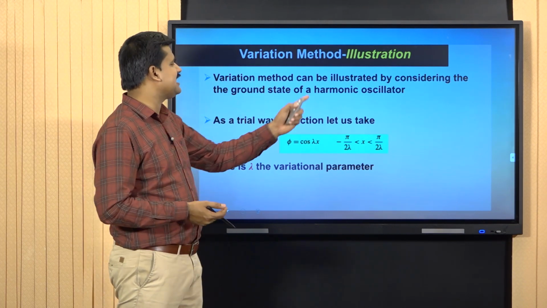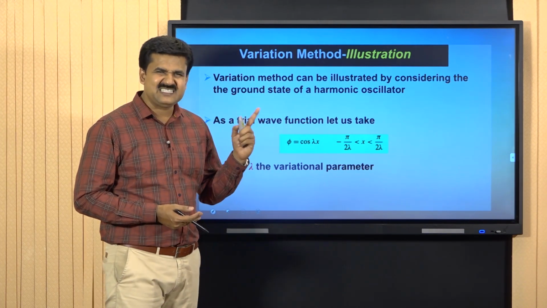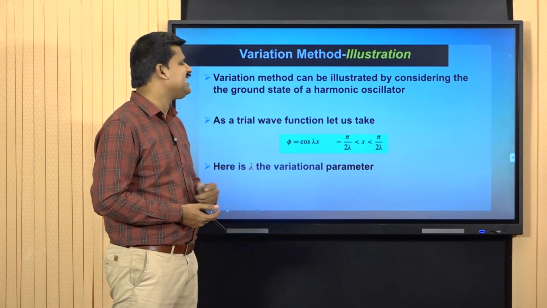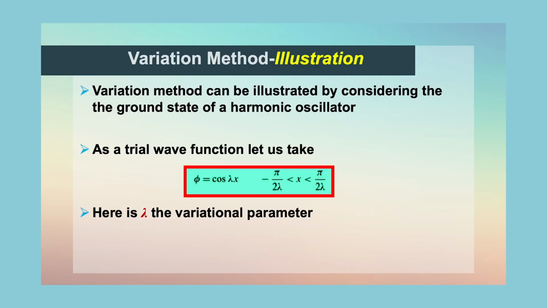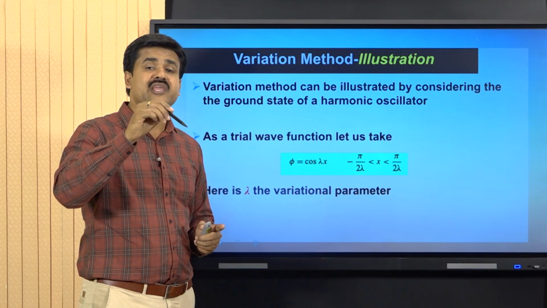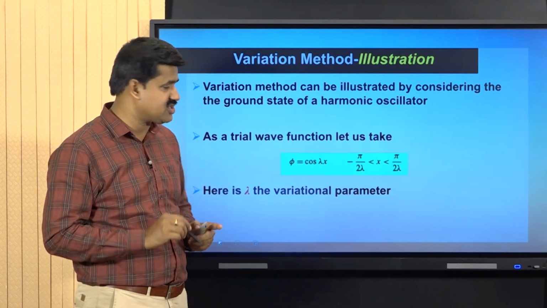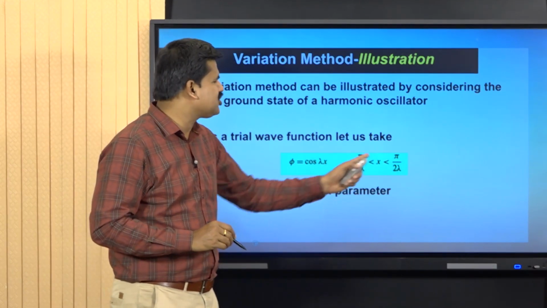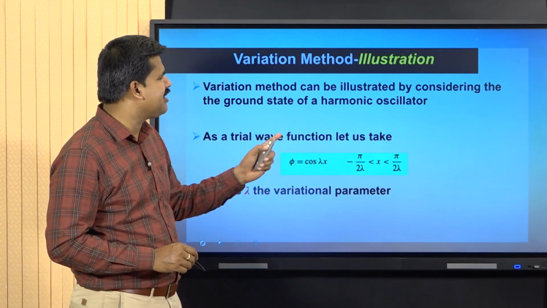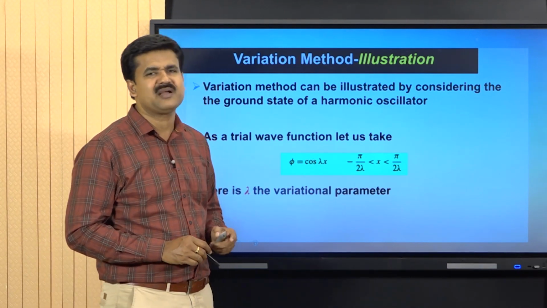Let us now take a trial wave function which is fixed as phi equal to cos lambda x. This is for a 1D SHO that executes simple harmonic oscillation along the x direction. And here the limit of x is from minus pi by 2 lambda to plus pi by 2 lambda.